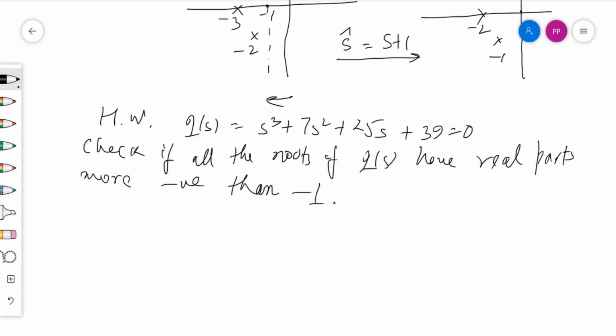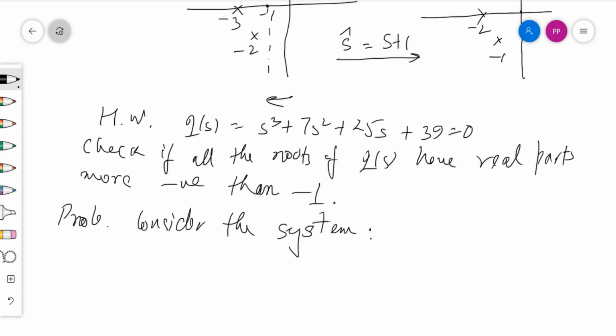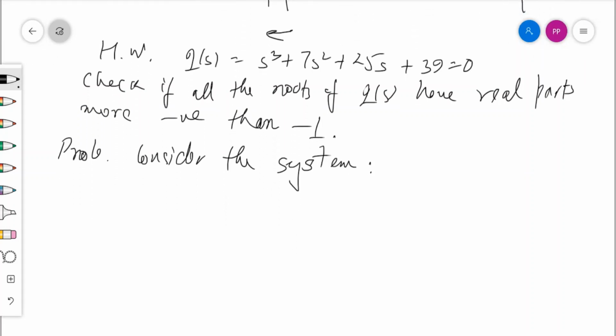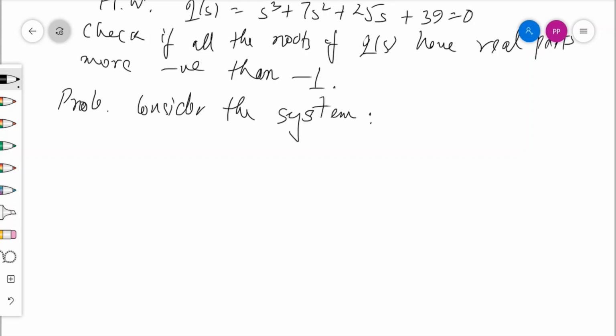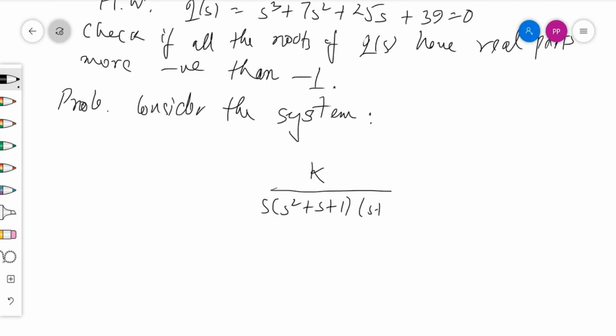Consider the system: let it be k divided by s into s square plus s plus 1 into s plus 4.